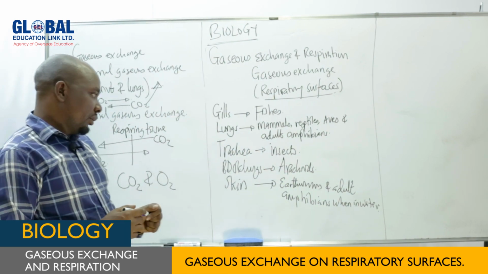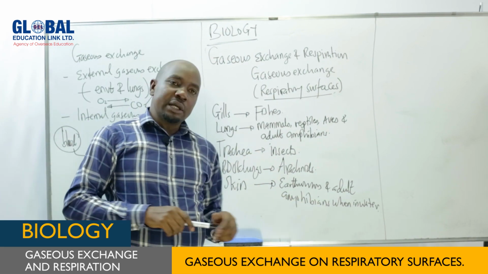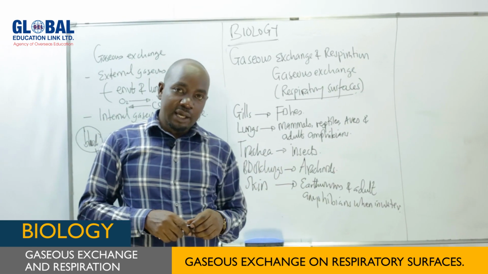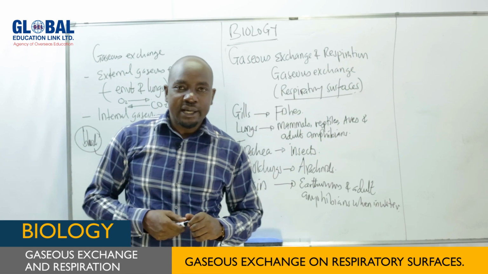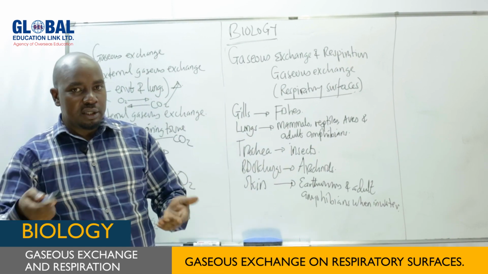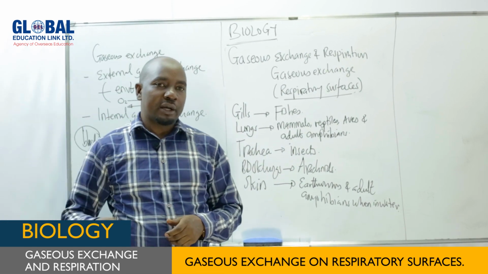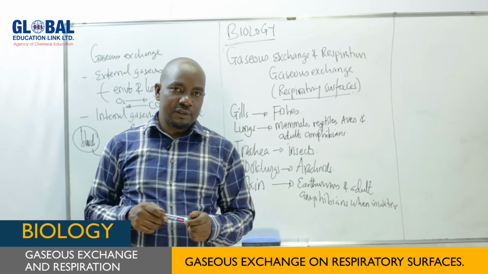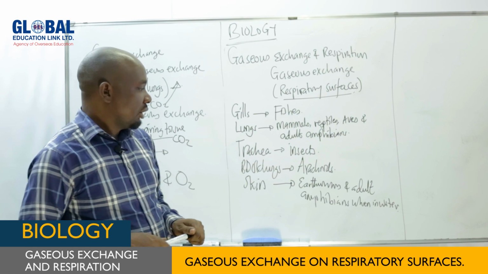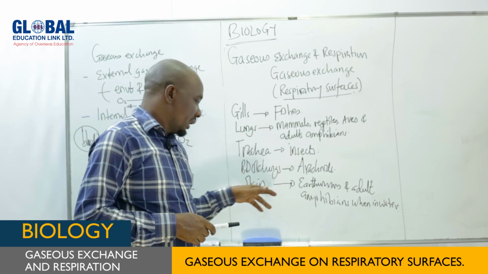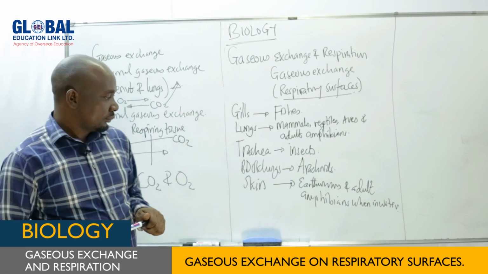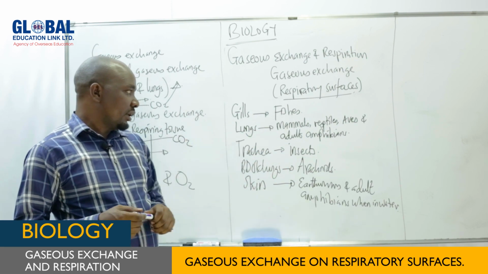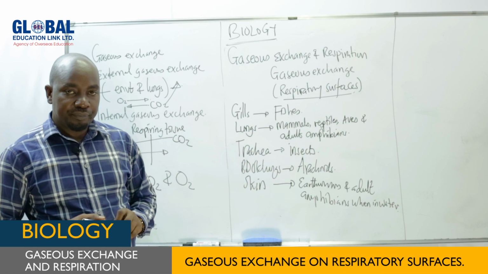For example, the toad, these are amphibians. They are terrestrial, but when they need to reproduce, they go back into water bodies. So when they're in water bodies, they respire by using the skin. But when they're on land, they use the lungs.